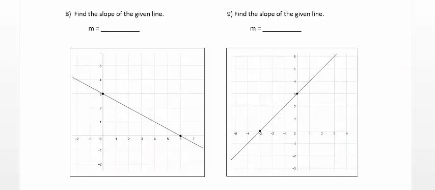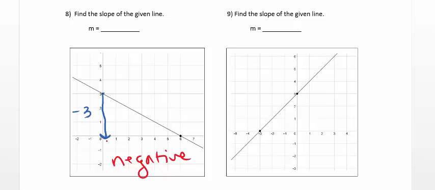So in number 8, we need to find the slope of a given line. So I can tell by the way it's slanting that this slope is going to be negative. I can just tell by looking at it. So as I go from one point to the next, I have to come down from 0, 3. I had to come down 3 units, so that's going to be a negative 3.